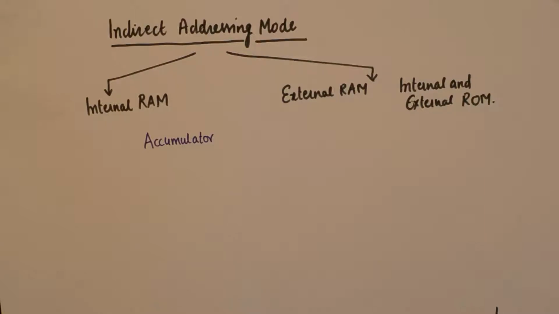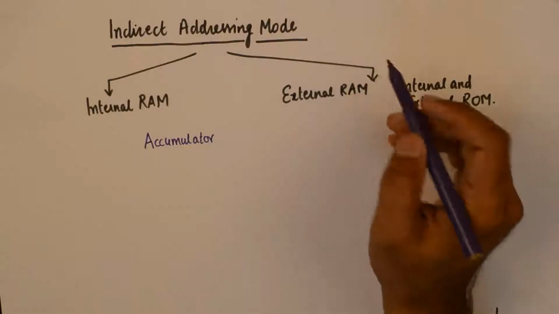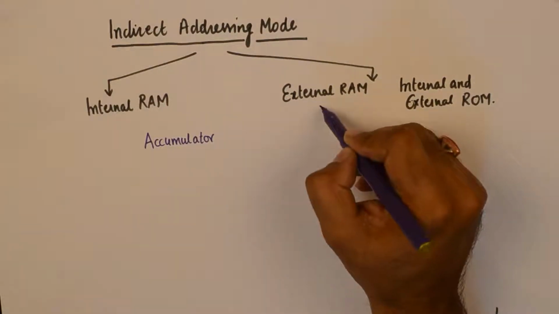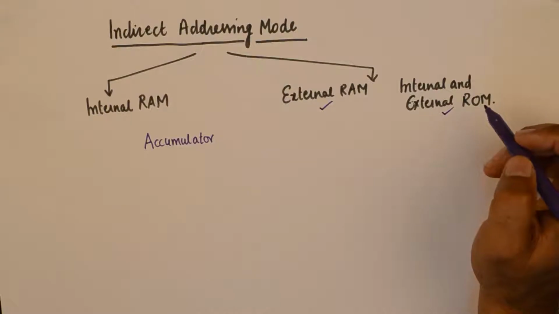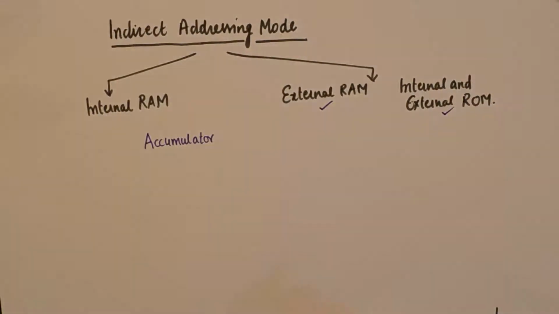So especially when we talk about using indirect addressing, which as a matter of fact is the only addressing mode when we do data transfer from external RAM and external and internal ROM. So indirect addressing mode is super important.